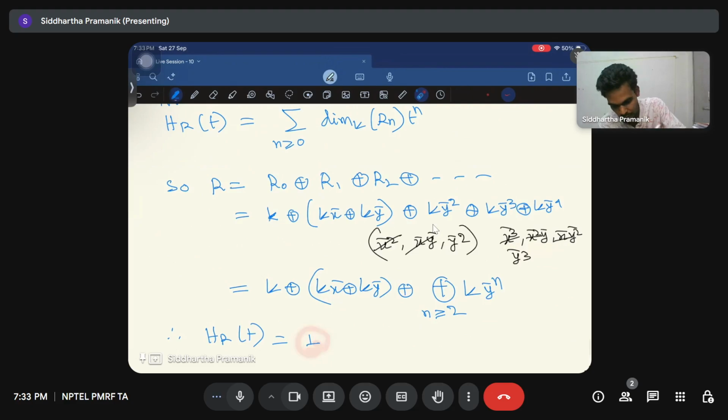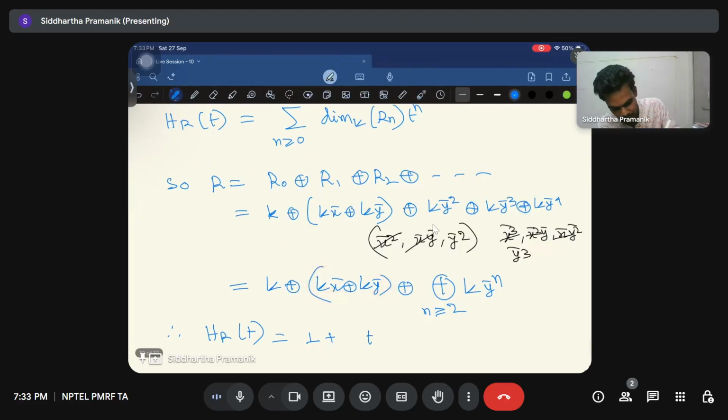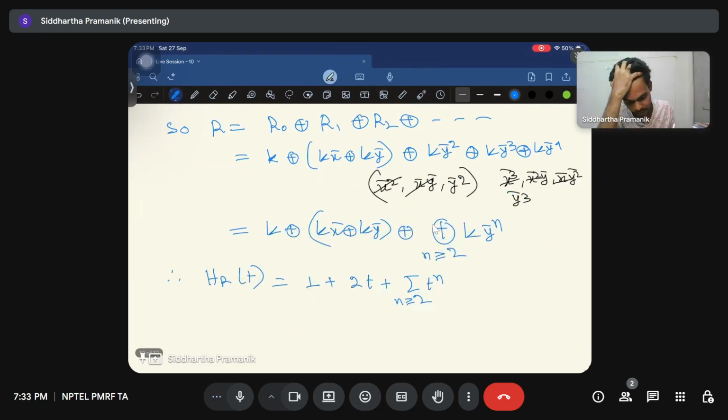Now the coefficient of t is the dimension of this, so this is 1 plus 1, which is 2. Now from t square onwards, we will have only one term. So this is the summation of t power n, n greater or equal to 2. So this is the Hilbert series.